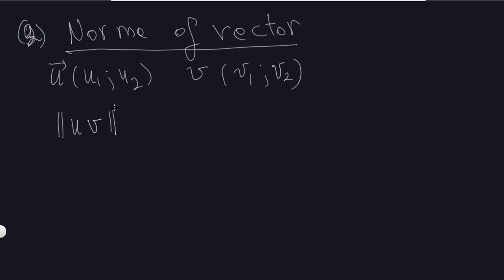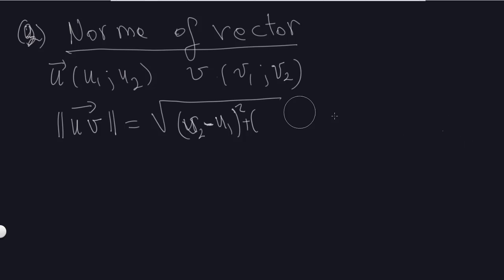Alright, and then it will give you the square root. Let me call it u, the vector component here. If you get the vector component, it will be v1 minus u1 all squared, and we'll have v2, or v1, sorry, minus u1.